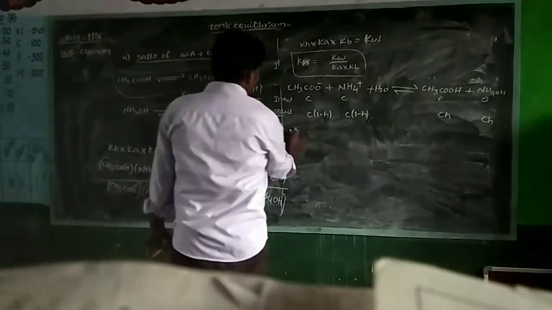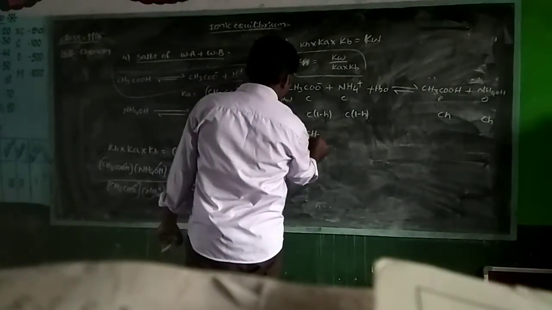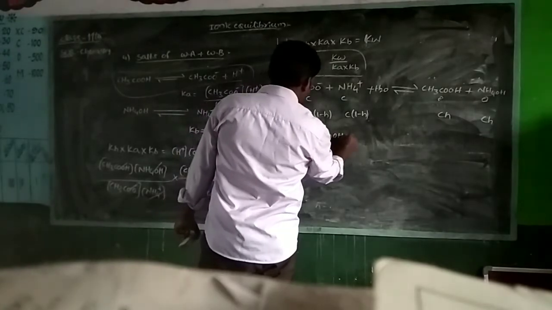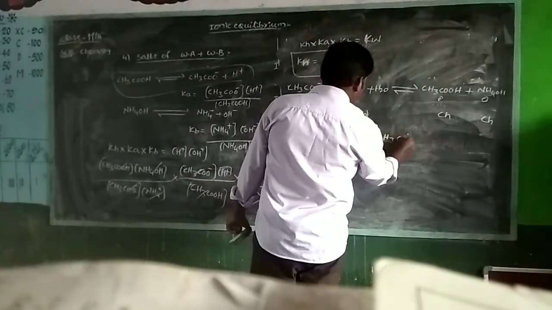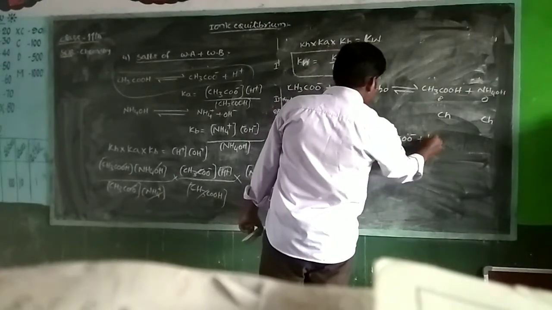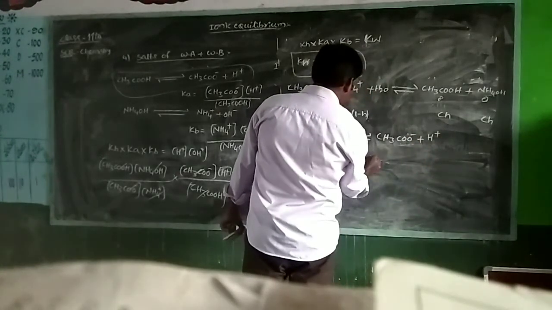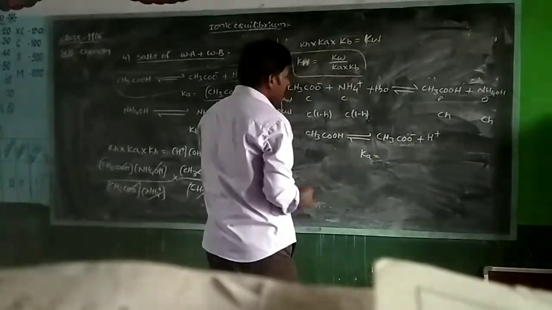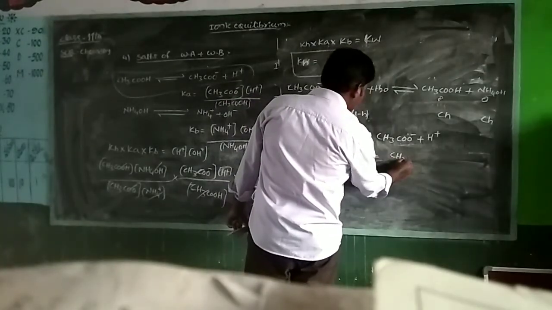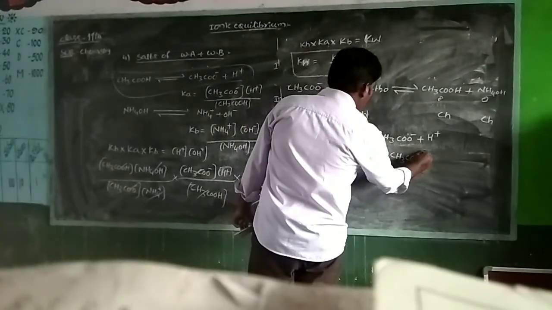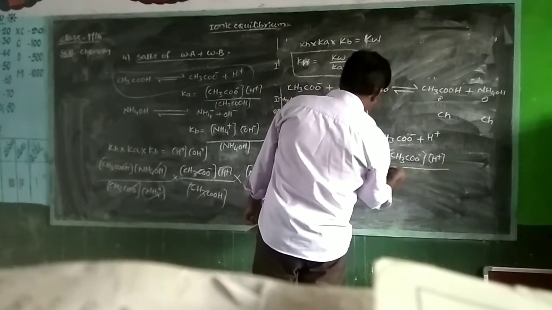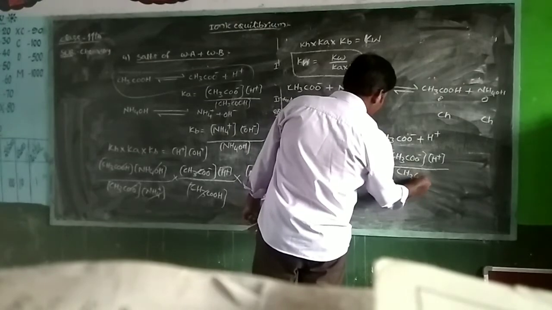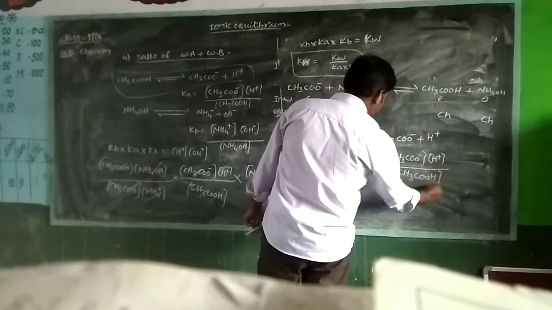That's why, in the reversible reaction CH3COOH giving CH3COO minus plus H plus, we can find the Ka. Ka is equal to CH3COO minus H plus concentration upon CH3COOH.